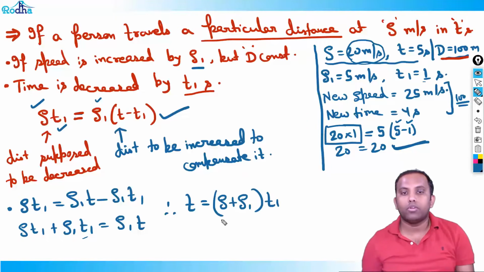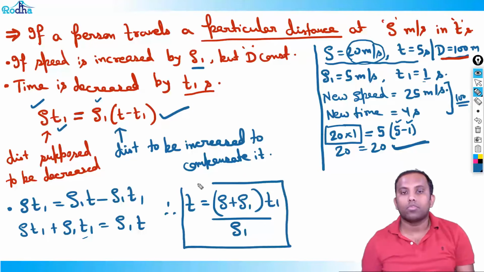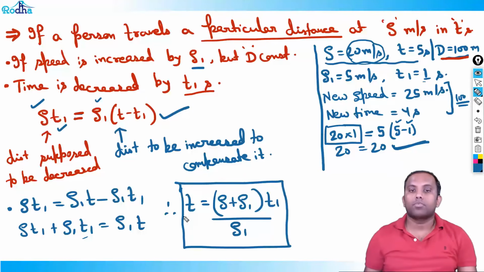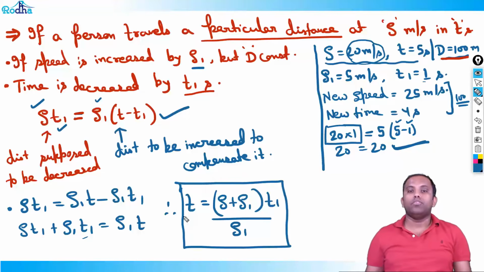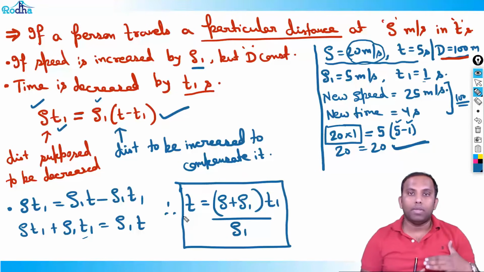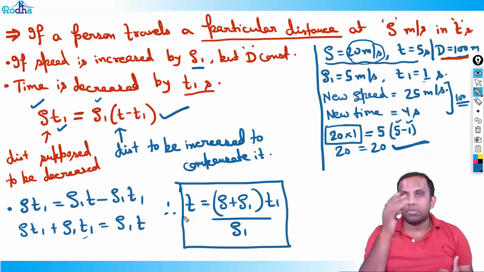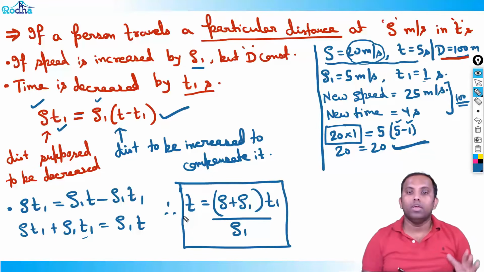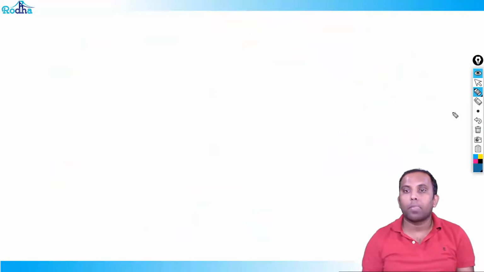S plus S1 into T1 upon S1. Yes. So T is equal to S plus S1 upon S1 into T1. Very, very important point, right? If distance traveled is same, speed is increased by S1, time is decreased by T1. So relation between all this data is T is equal to S plus S1 into T1 upon S1. Correct? Okay.